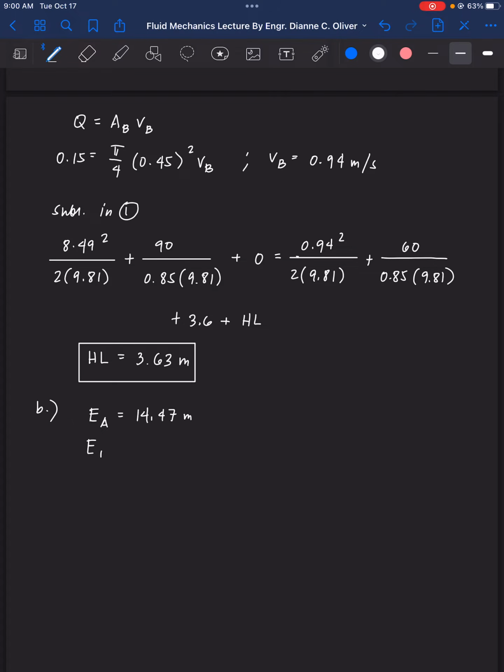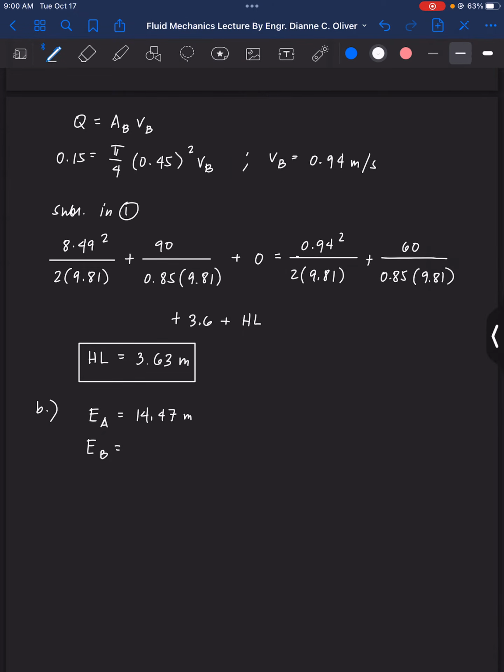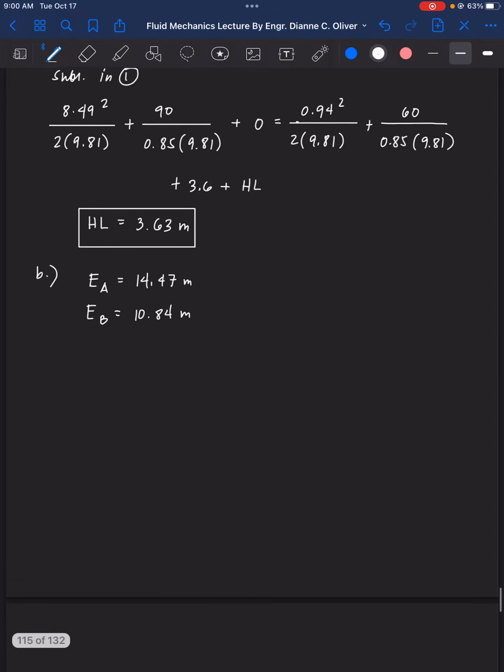Whereas EB is equal to 0.94 squared over 2 times 9.81, plus 60 over 0.85 times 9.81, plus 3.6, and that is 10.84 meters.